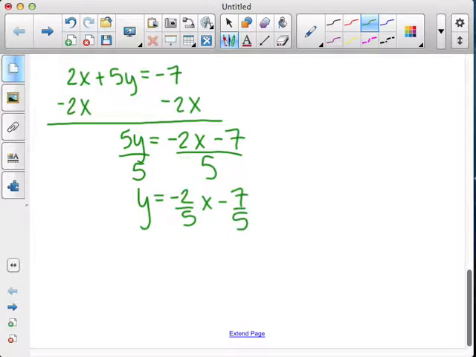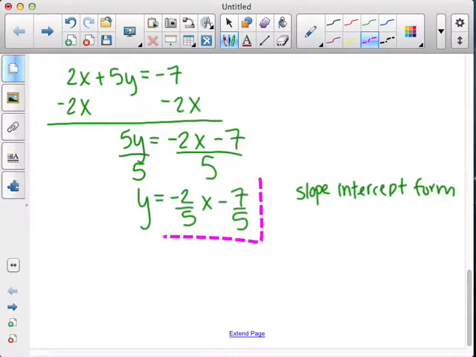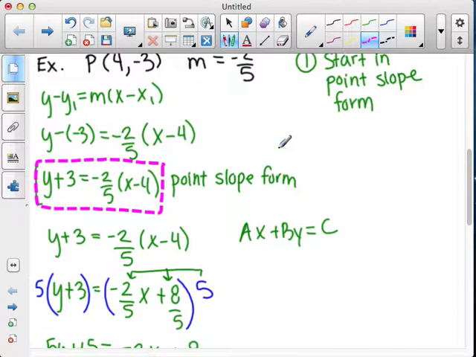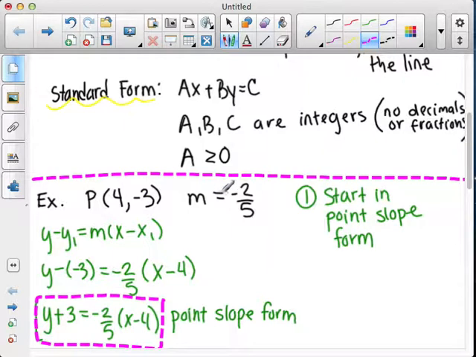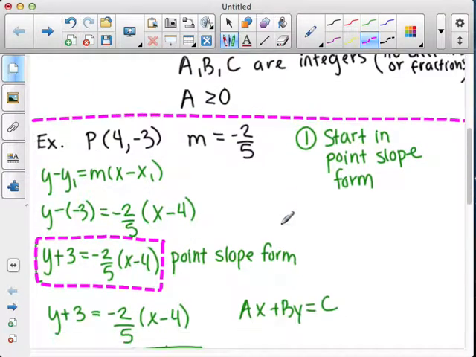And this is slope-intercept form. And that's it. I've written the equation of a line that passes through this point and has this slope, and I've written it in all three forms.